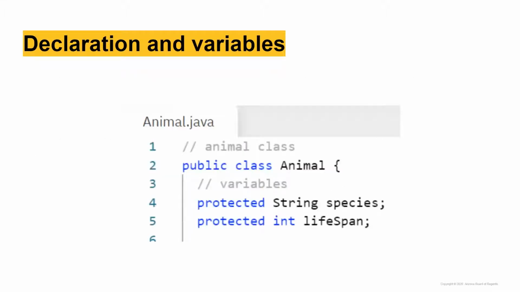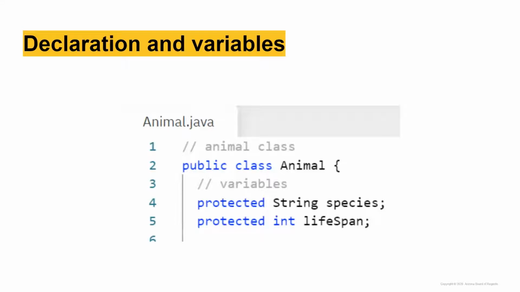All right, so here is a sample of the beginning, the declaration and the variables, of a very simple Java class that I made for this workshop. It's just called animal.java. It's always a good idea to comment your code as much as possible to clarify what you're doing and what certain things are.